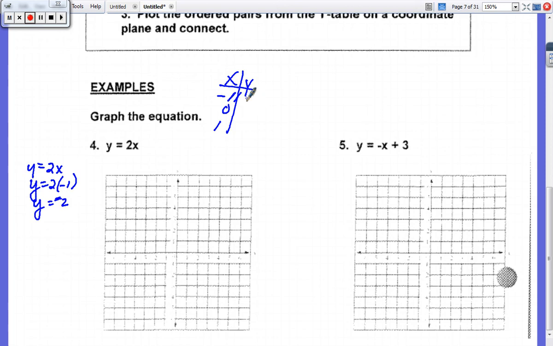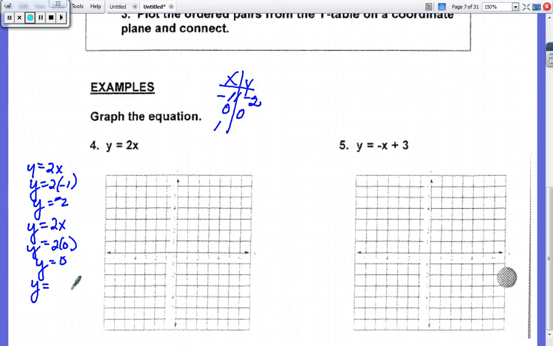So when x is negative 1, y is negative 2. Again, y equals 2x. Let's take the second x. So y equals 2 times 0. So when x is 0, y is also 0 in this equation.